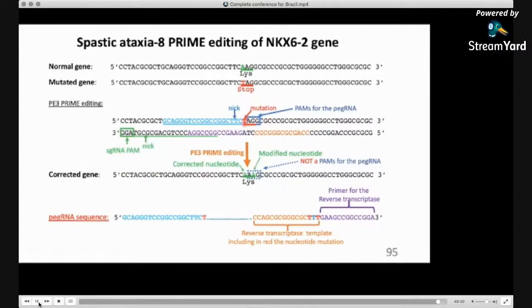We can then design a pegRNA that will introduce the desired mutation. In this case, we are introducing two mutations. One to correct the mutation, to reverse the thymidine into an adenosine. And the second point mutation is to modify the PAM so that following the correction, the Cas9 enzyme can no longer bind to the DNA.